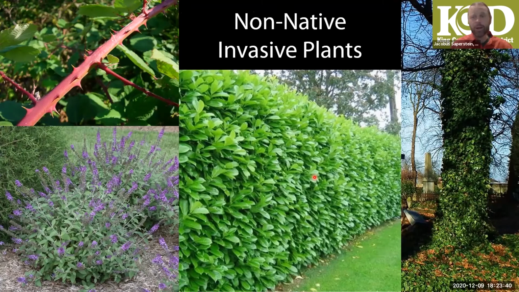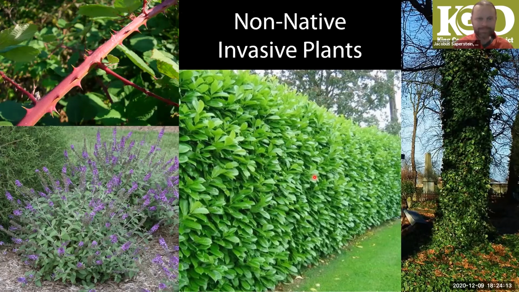So this talk is not focused around invasive species management, excuse me. But I do want to highlight a few of the bad bullies, because I recognize that a lot of people come to native plants because they have invasive non-native plants in their yard that they're trying to move the dial away from.